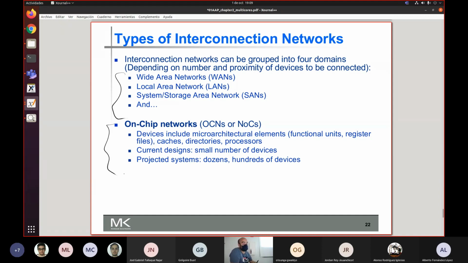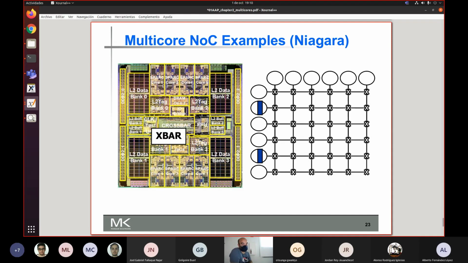This is the interconnection of Niagara. You can see that the level 2 cache is split in different banks, and all of them are interconnected using a crossbar interconnection, which is like an all-to-all connection.